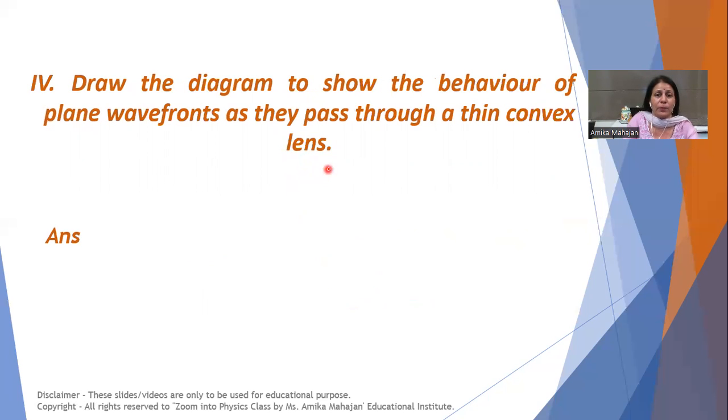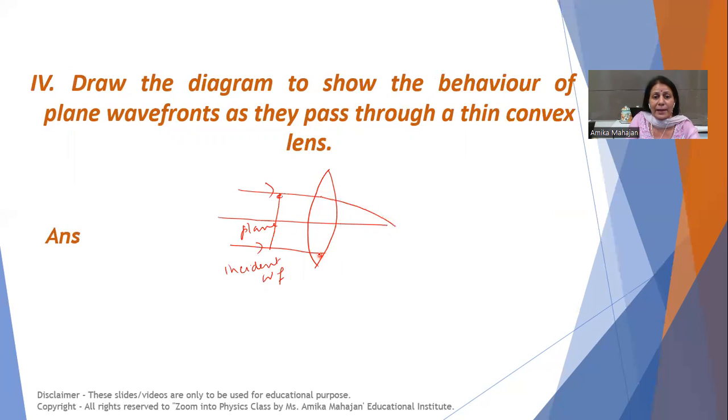When they pass through thin convex lens, that means plane wavefront means rays are coming from infinity. So this is the plane wavefront incident on this convex lens. Now what happens if we know that rays are coming from infinity? They meet at single point known as focus after refraction through convex lens.